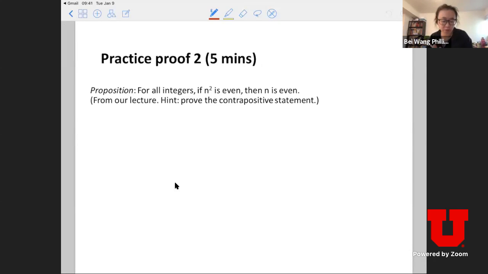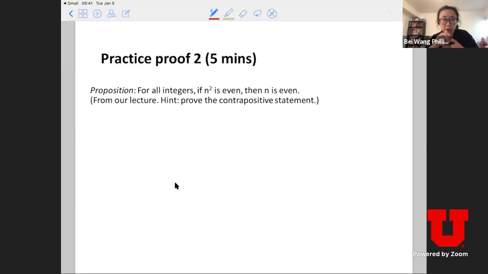Okay, let's get started. So we start with a proof where in this particular case, we want you to prove with contrapositive statement. Again, the best way, if you're watching this video, you could pause the video right now and then try to solve it yourself and then compare your solution with my solution. But I'm just going to go ahead and talk about how I would think about this problem.